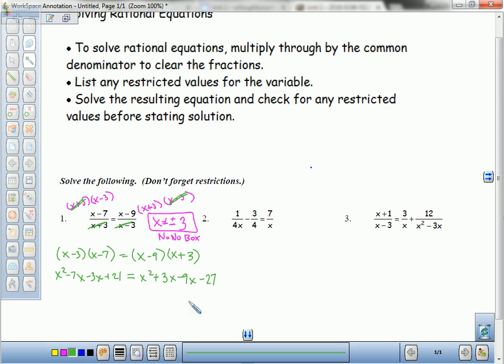Do you guys see that if I subtract this x squared from here, what happens to it over here? It cancels on both sides. So, when I move this, it just cancels out. So the x squared goes away.